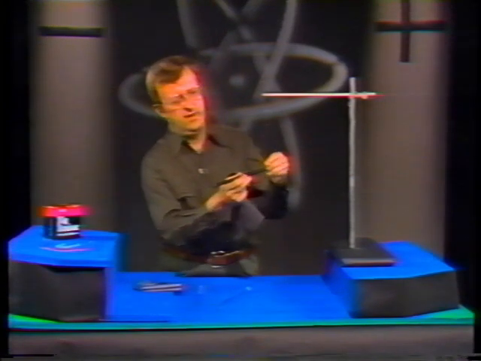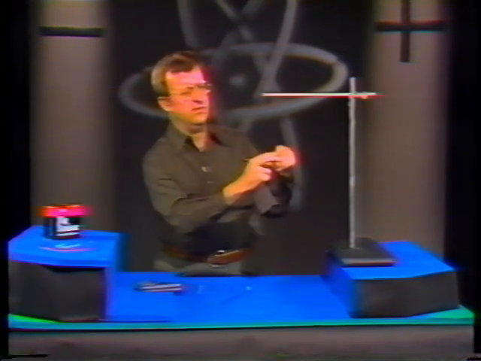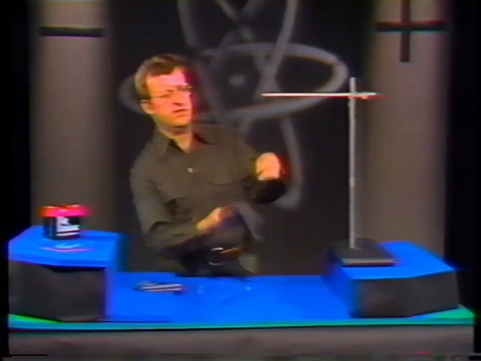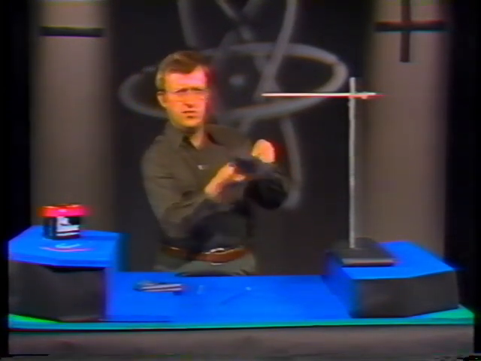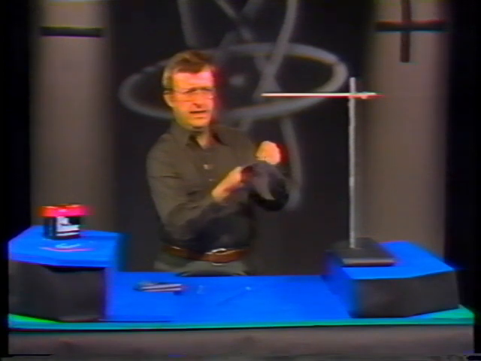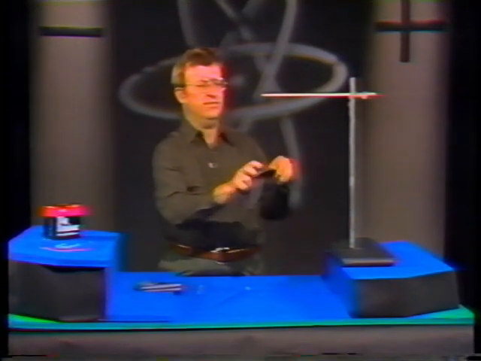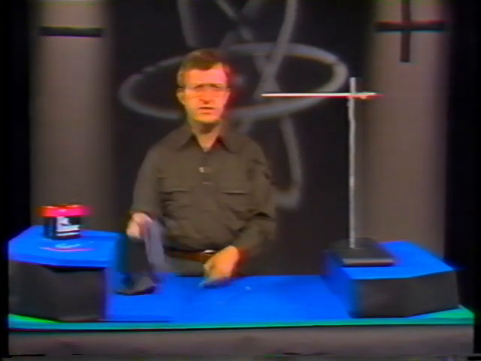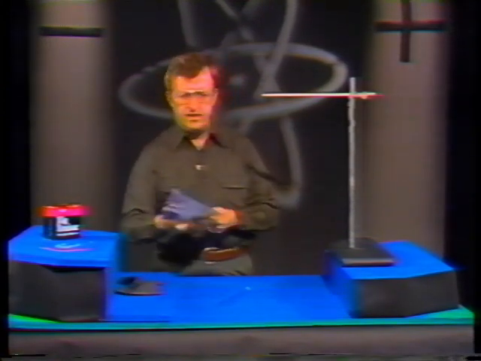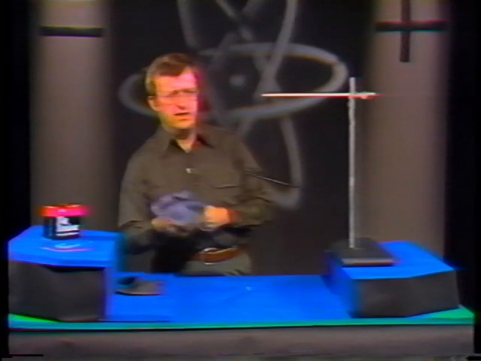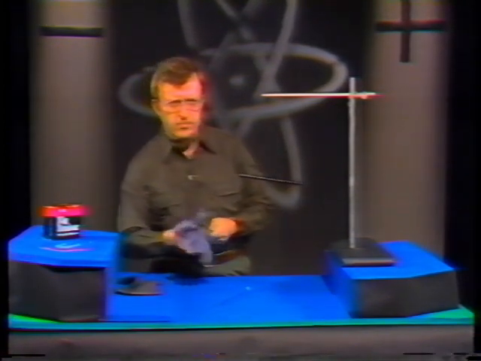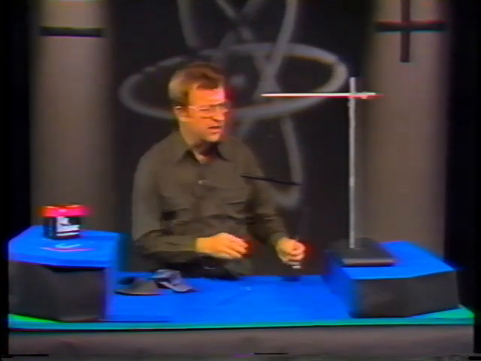Now we'll put this rubber rod in the string on this stand, make sure it's well charged, and then watch what happens when I take the glass rod that is positively charged and hold it near the rubber rod that is negatively charged.